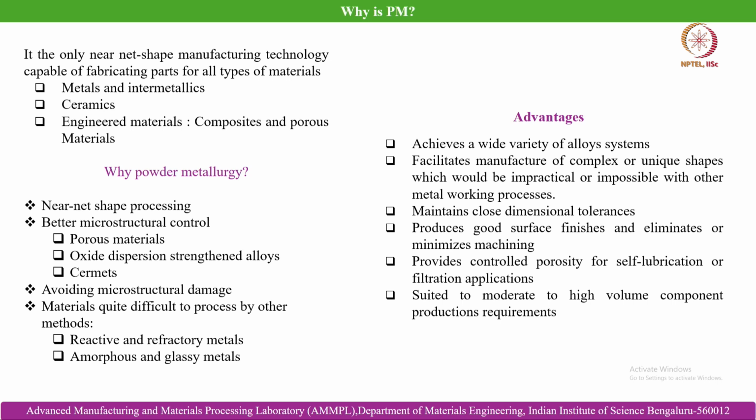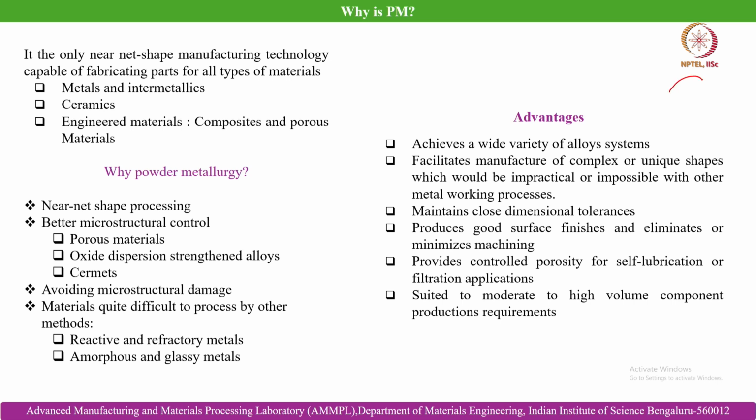For example, reactive and refractory metals, amorphous and glassy metals. The advantages are that it achieves a wide variety of alloy systems and facilitates manufacture of complex or unique shapes which would otherwise be impractical or impossible with other metalworking processes. As I was telling you, it can quite effectively produce micron sized features with complex dimensions.